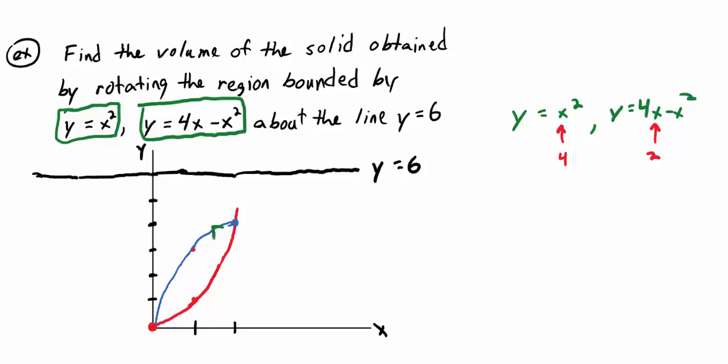So here's a representative rectangle. But now when we rotate it, you guys see that there is going to be a hole. So it really is the washer method. So V sub i then is going to be obtained using that formula: pi, the larger radius squared, h, minus pi, the little smaller radius squared, h, once again.